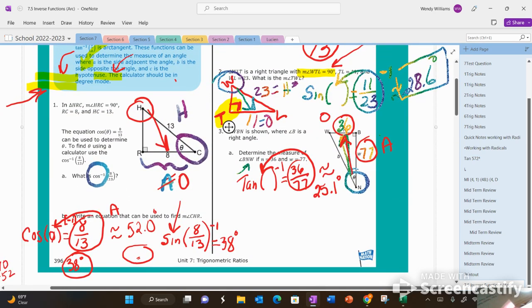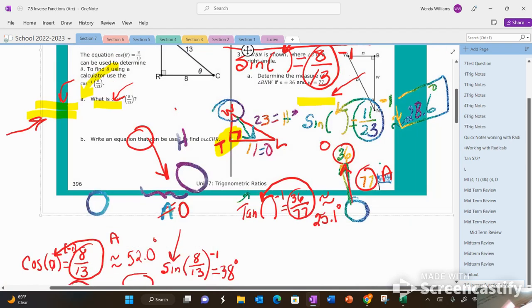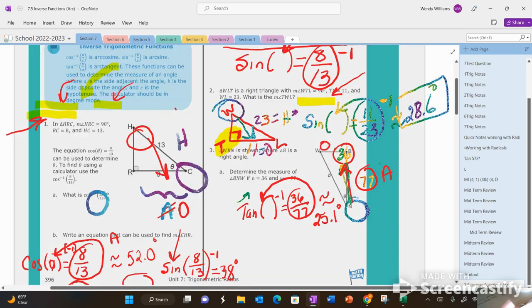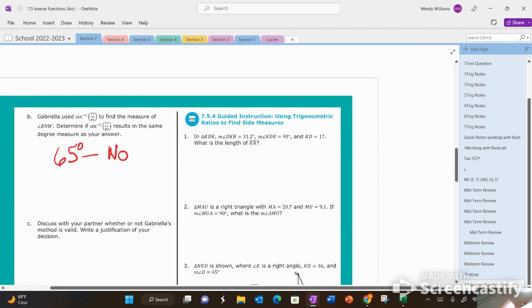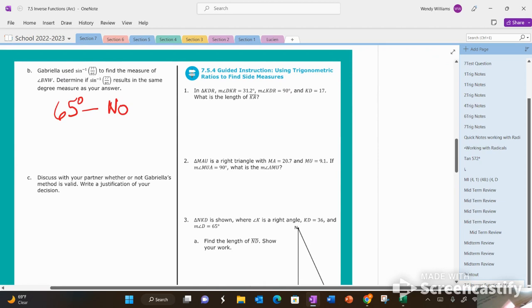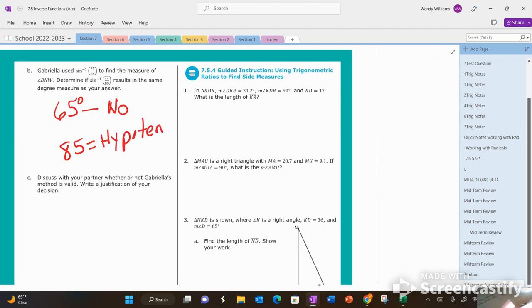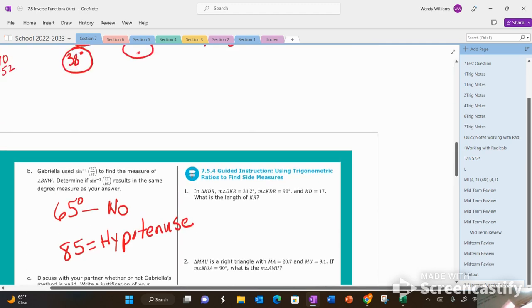Well, 77 was one side, 36 was the other. 85 must have been the hypotenuse. Is 77 the opposite?